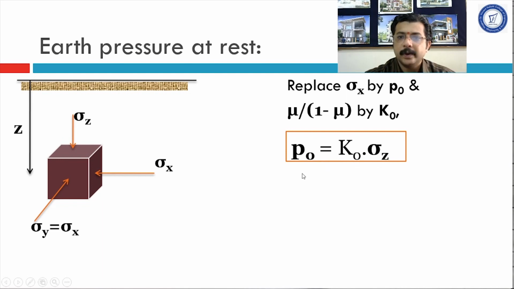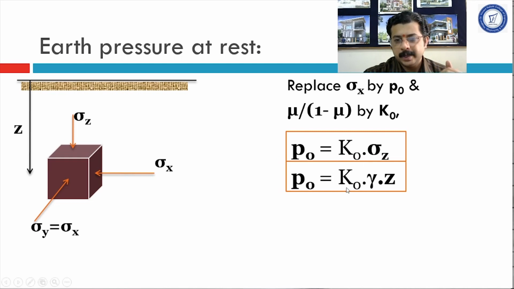Hence, P0 is nothing but the lateral earth pressure acting at a depth z below the ground surface, when the soil is considered at rest condition. K0 is the coefficient of earth pressure at rest. And sigma z is nothing but the vertical stress acting at the given depth z below the ground surface.